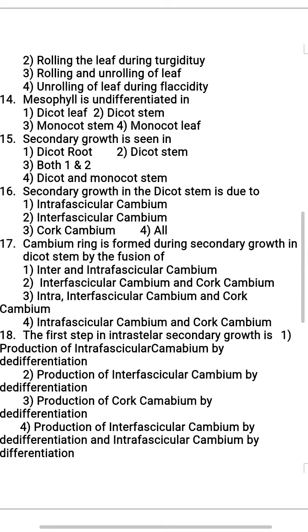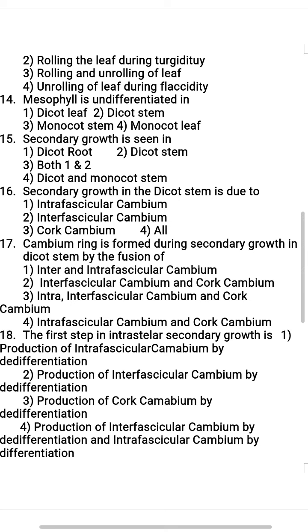Let me explain, students. The growth of the roots and stems in length with the help of apical meristem is called the primary growth. Apart from primary growth, most dicotyledonous plants exhibit an increase in girth. This increase is called secondary growth.